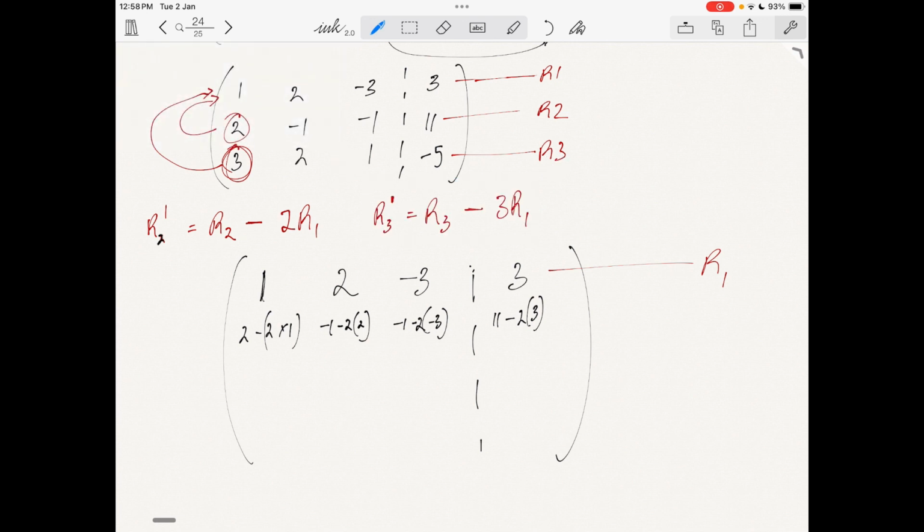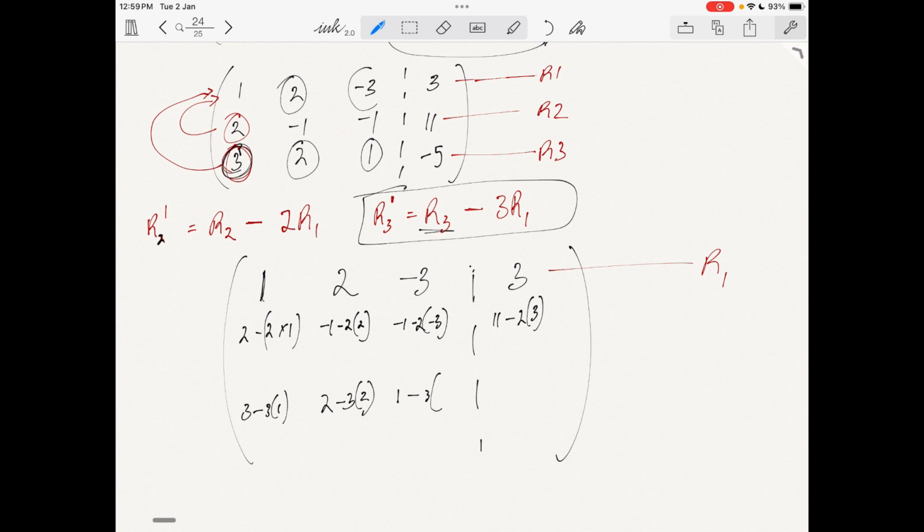This is the formula we are using: 3 minus 3 times 1, then 2 minus 3 times 2, then 1 minus 3 times minus 3, and for the constant, minus 5 minus 3 times 3.